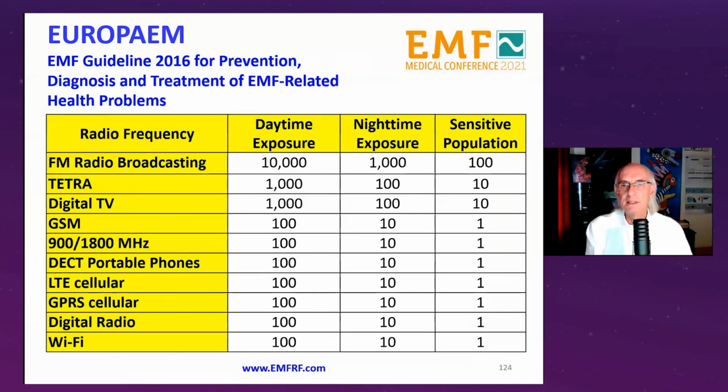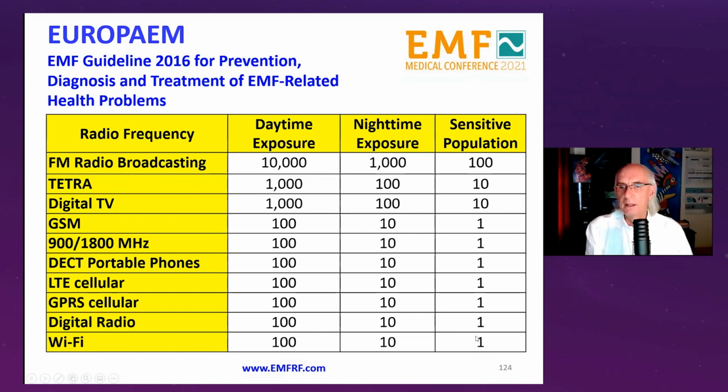What are some of the guidelines? Where would we like to be in terms of RF exposure? Again, this is the European guidelines, daytime, nighttime, sensitive population. And these they actually differentiate by the different type, if you're talking about digital TV or if we're talking about cellular, and so on. But basically, we usually use the criteria of about less than 1,000 or less than 100, depending on what's economically achievable.